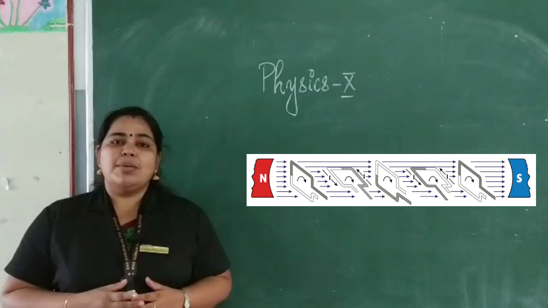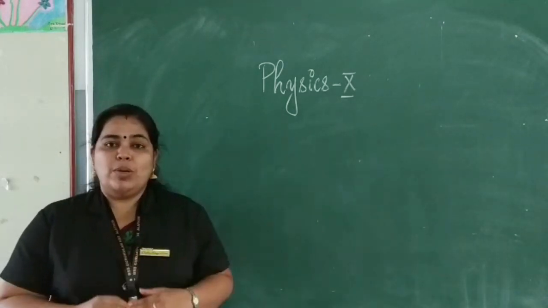So, there is no change in the magnetic flux, and the EMF produced will be 0. The next stage is when the armature is parallel to the magnetic field lines. There is a change in the magnetic flux and the EMF produced will be maximum. And at the last stage, the armature is perpendicular to the magnetic field lines, so there is no change in the magnetic flux and the EMF produced will be 0.